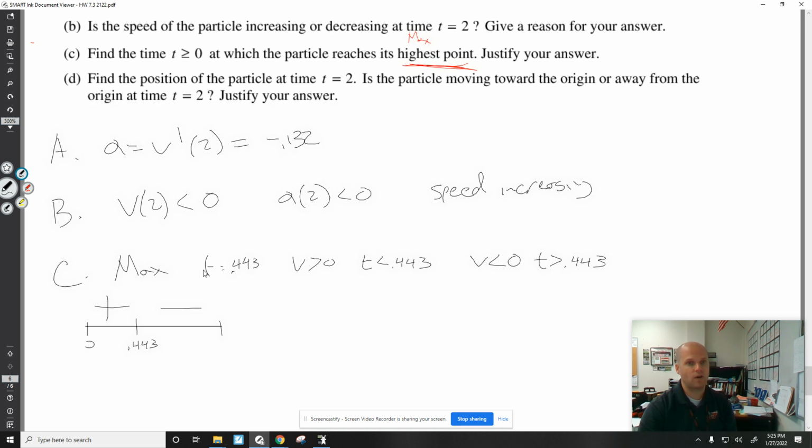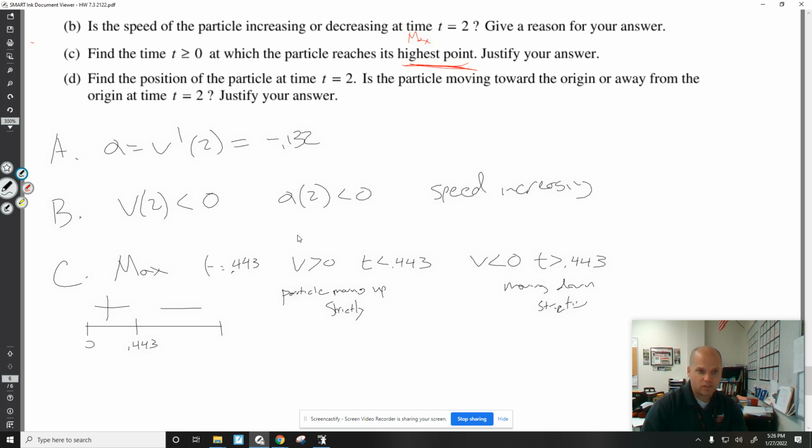Oh, I don't even need to find the position. That's it. The max is at this time because the particle is moving up strictly, and then the particle is moving down strictly. Or you could say my position is increasing strictly, then my position is decreasing.